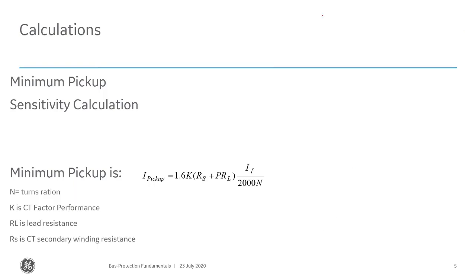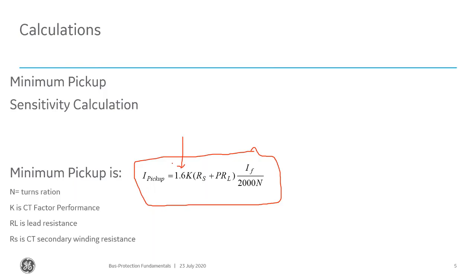So this is the equation for the minimum pickup, right? If we look at this first term, this 1.6, it's there to accommodate the fact that we can have DC offset when we first strike the fault. When we first strike a fault, we know we'll have DC offset.